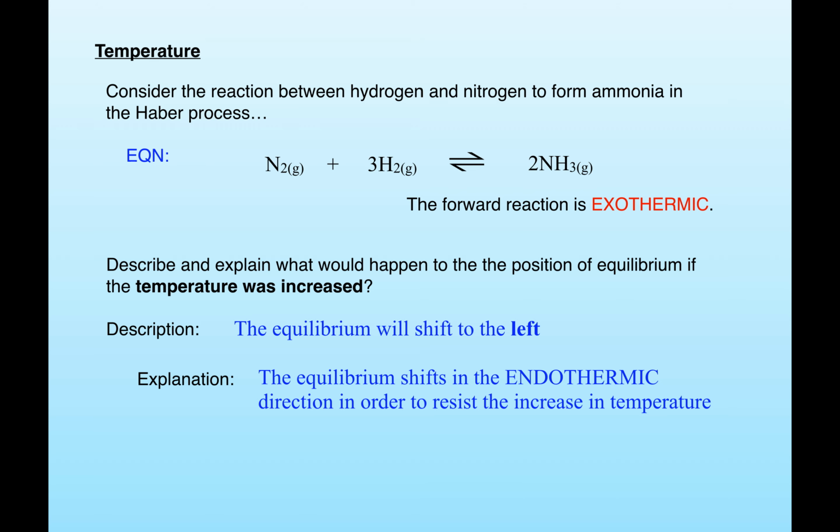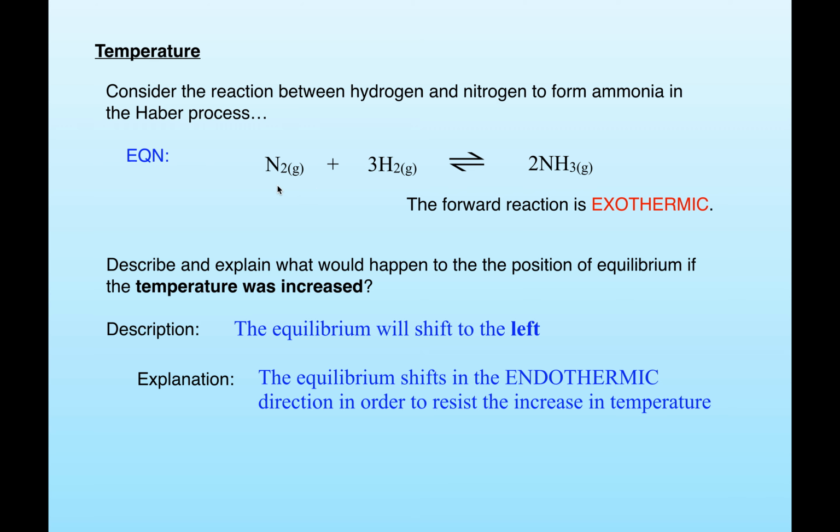Think about that for a second. I could also have said what would happen if I decrease the temperature here. If I decrease the temperature of this system, it will shift in the exothermic direction in order to try and increase the temperature again.